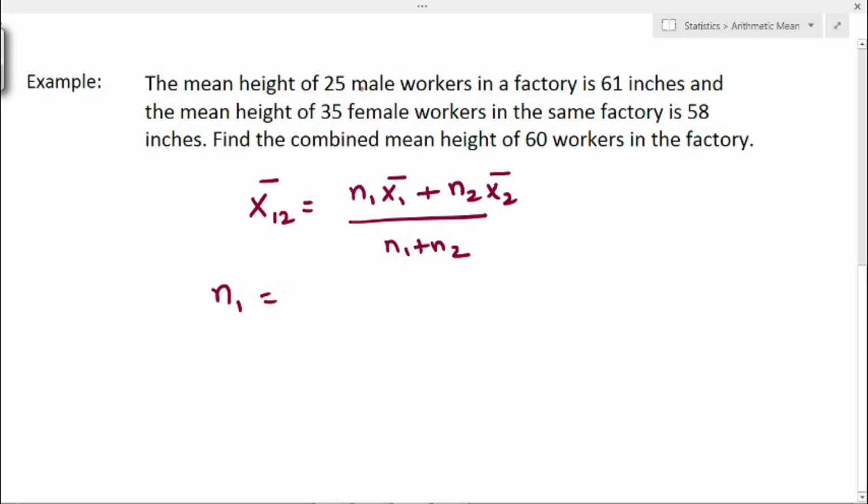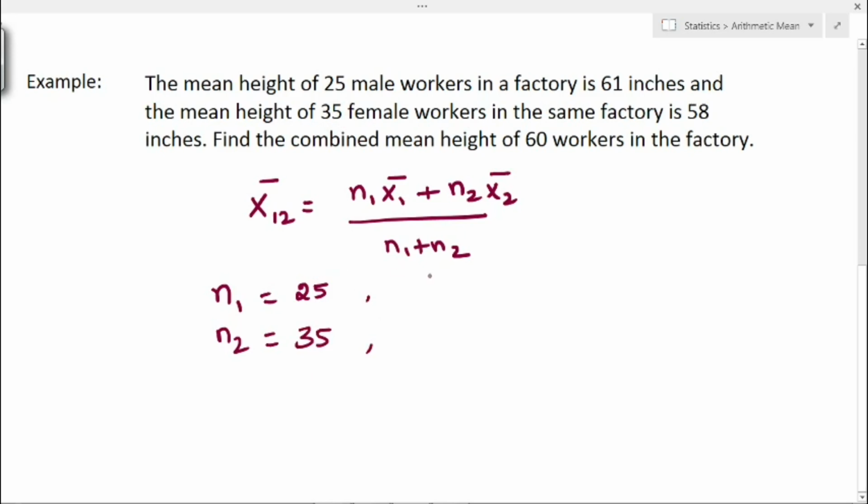The mean height of 25 male workers is given, so n1 is 25. And n2, the 35 female workers, so n2 value is 35.